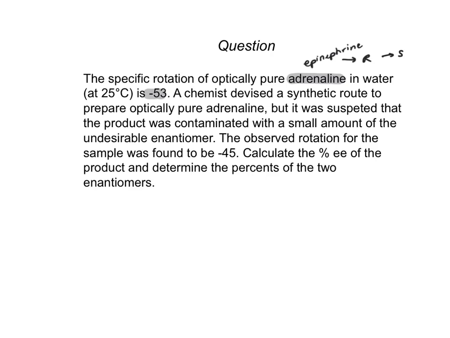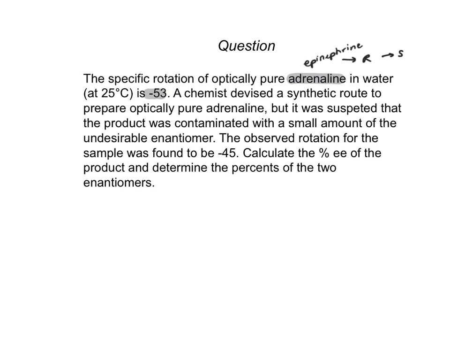He can now take his newly synthesized solution and utilize polarimetry and measure the observed rotation to determine, number one, is this optically pure? And if it's not, what is the percent EE, the percent enantiomeric excess, and then from that determine the percentages of both the R and S in his overall reaction mixture, right?